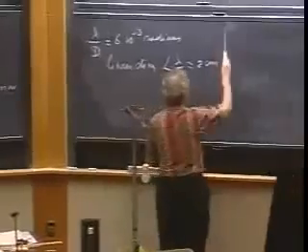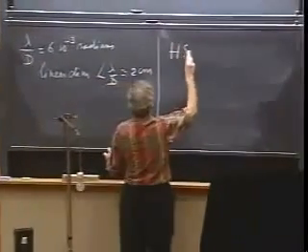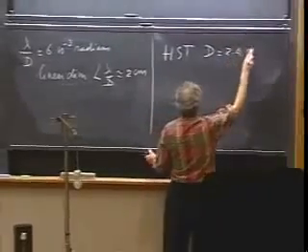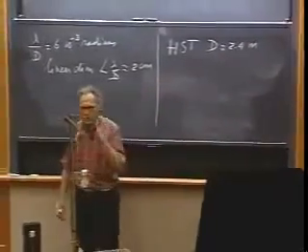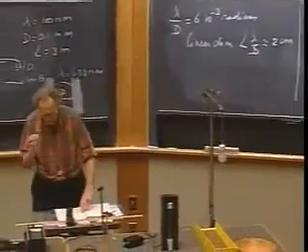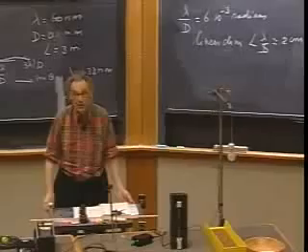Hubble Space Telescope, HST, has a mirror D, which has a diameter of 2.4 meters. And it is prepared so carefully that the claim is made that it is really diffraction limited.